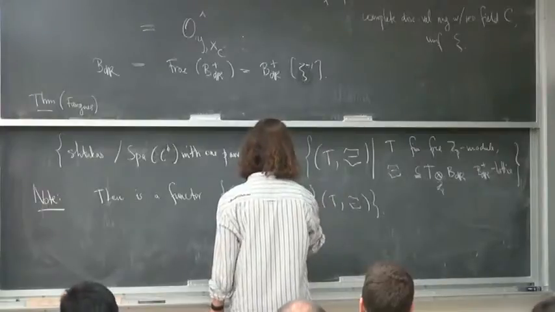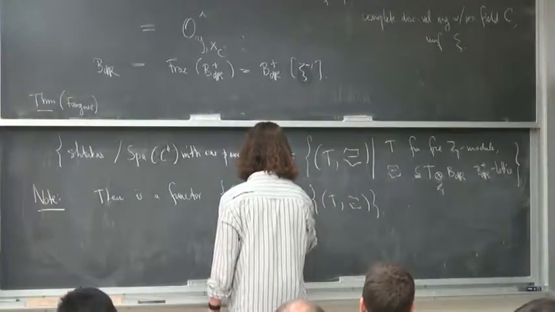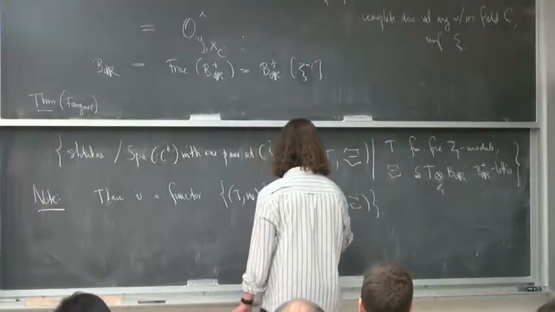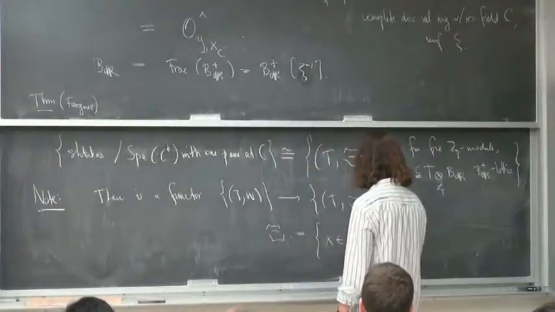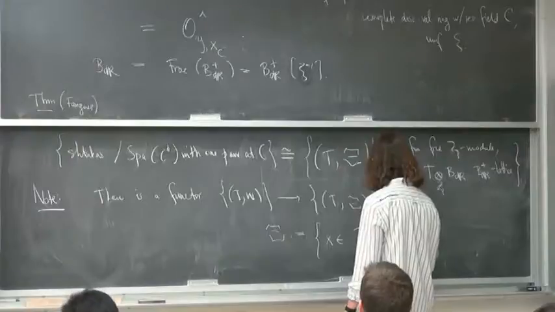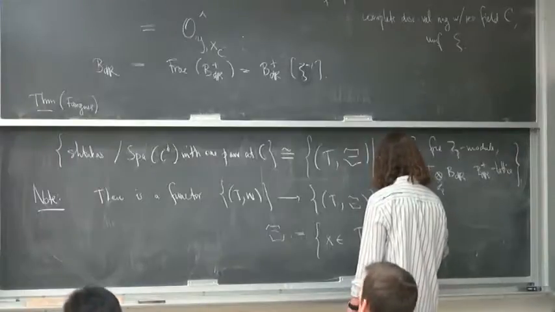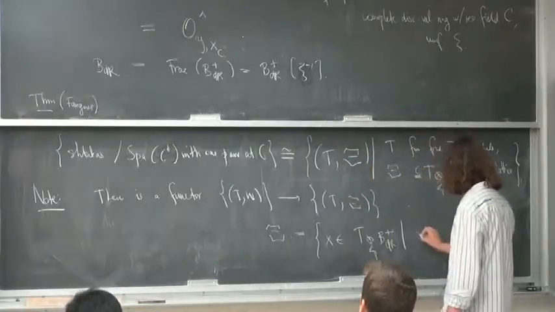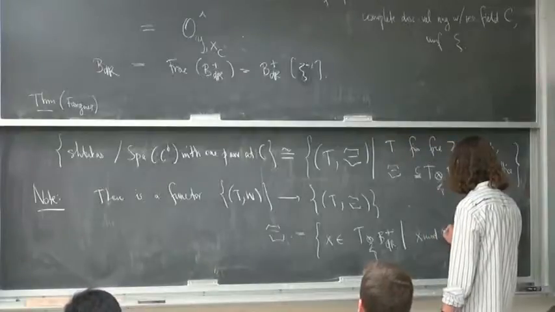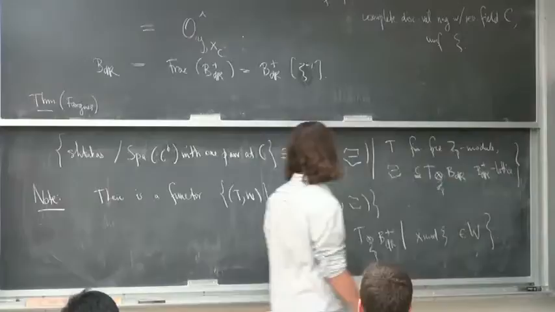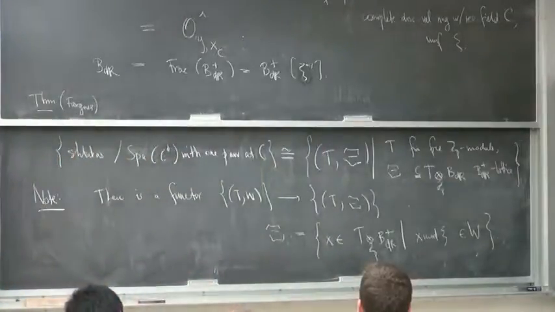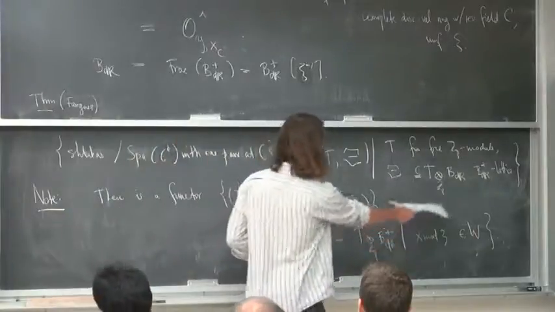Which of course is the identity on T, and Xi is defined to be those elements x in T tensor Z_p B_dR plus, such that modulo the uniformizer they lie in the subspace W. So it's like an elementary modification of the standard B_dR plus lattice which you have inside there.